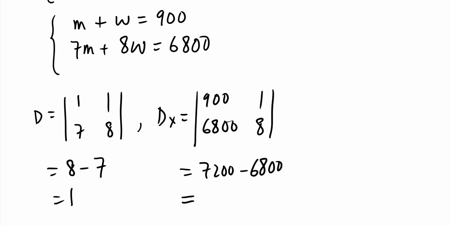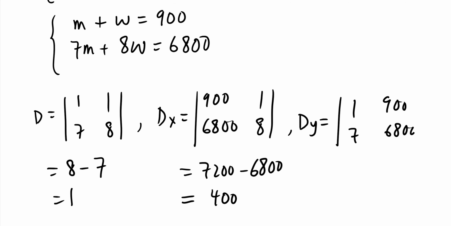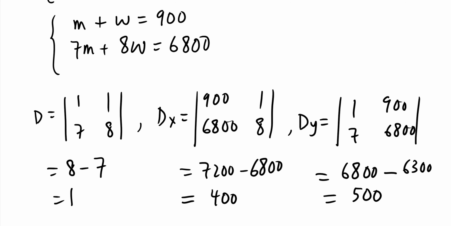So that gives us 400. And Dy is 1, 7, 900, 680. So let's see what that gives us. 680 minus 7 times 9, 6300. If we subtract, we get 500.